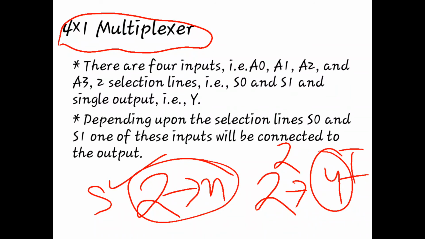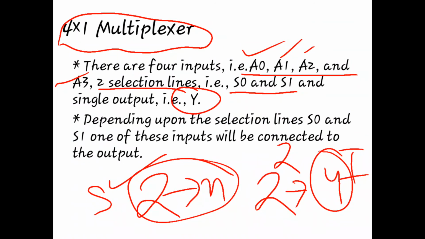So these 4 input lines, let us say they are represented in the system as A0, A1, A2 and A3. And 2 select lines, let us say they are represented as S0 and S1, and a single output, that is Y. So just like the previous approach, the inputs will be selected with respect to the values of S0 and S1, that is the select lines.